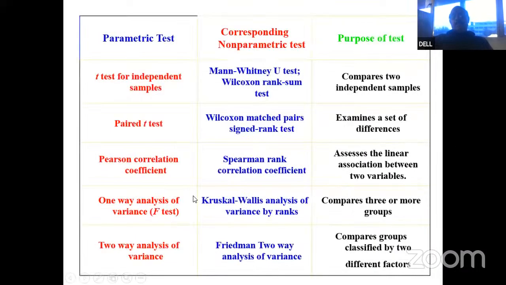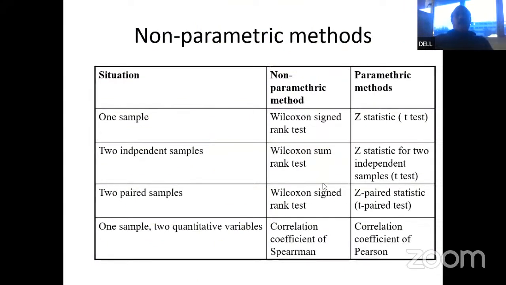Here is a comparison. For one sample, in the parametric case we use the Z test or T test, whereas in non-parametric the Wilcoxon signed rank test is used. For two independent samples, the Wilcoxon rank sum test in non-parametric, and the two sample T test in parametric. For paired samples, the paired Wilcoxon signed rank test.